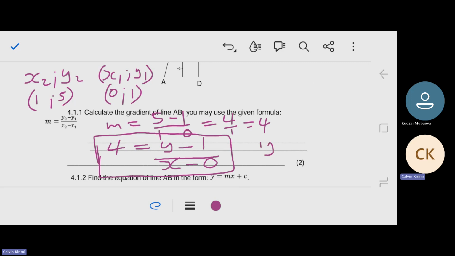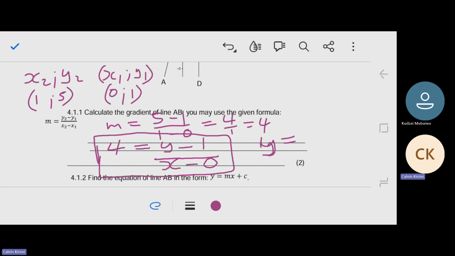Starting with y is equals to. You get the logic? That's what you are supposed to do. I'm just assisting you to know where you are going, because this is where you get the equation of the line.